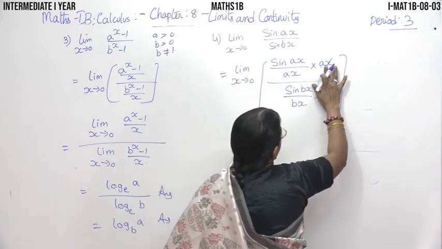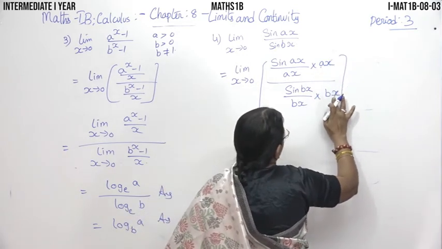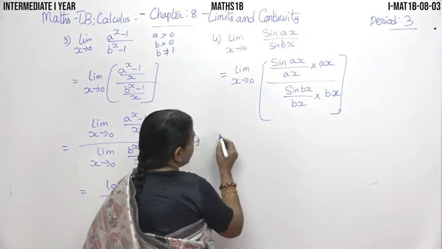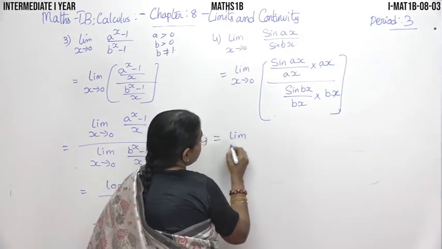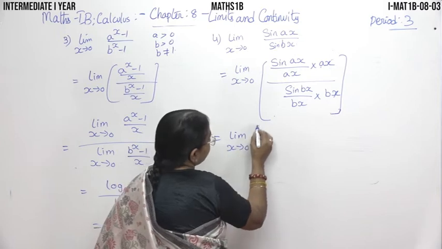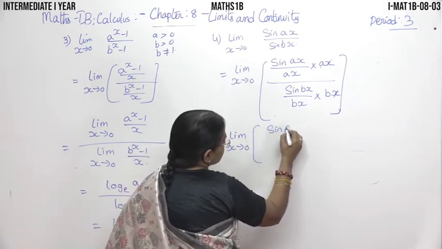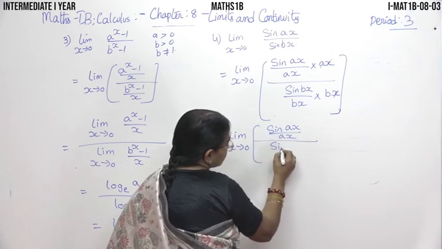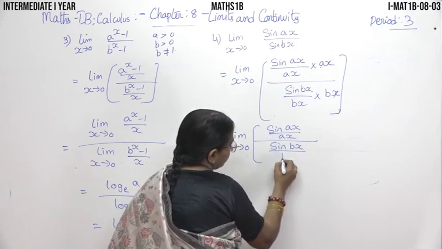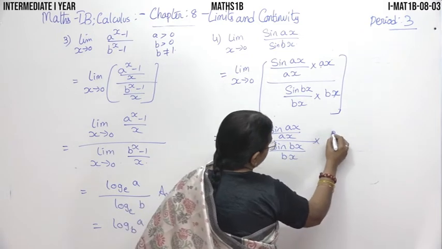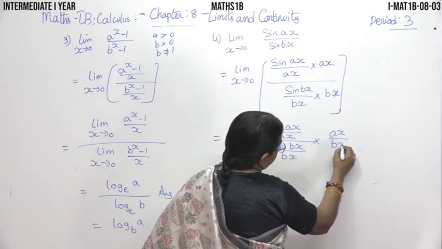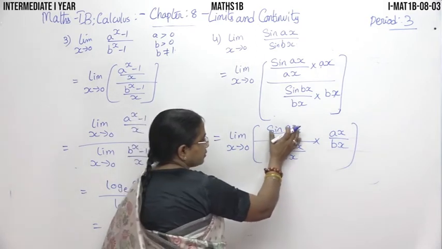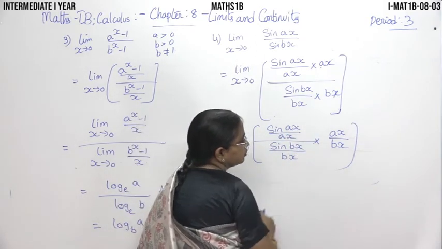Okay, I'll write in the next step. So you have multiplied and divided by ax and bx. Now it is limit x tending to 0 of (sin ax by ax) by (sin bx by bx) into (ax by bx). Whatever is there in the standard form, that you write separately, and the remaining one you simplify.